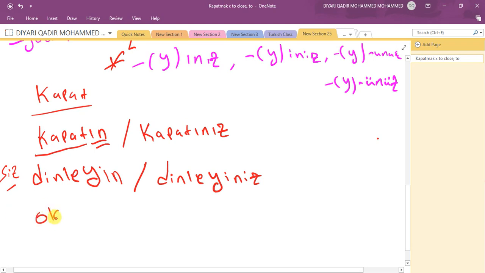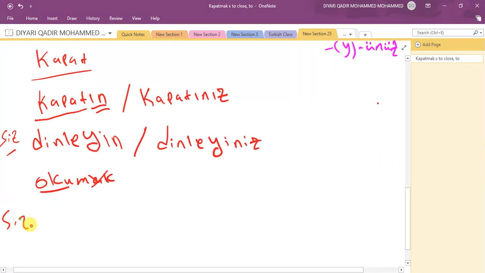So let's say okumak. You just remove this mark, and then we have oku. Look, this u is a vowel, so be careful. Anything that you use, except for sen, when you are using plurals, you have to use the y as a buffer. So for siz, oku, I use y: okuyun, I can say okuyun or okuyunuz.